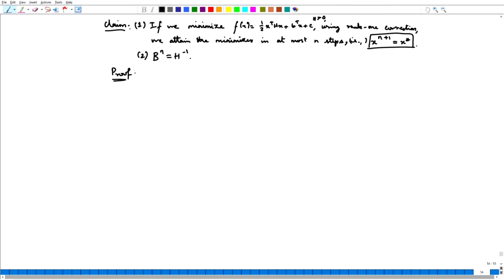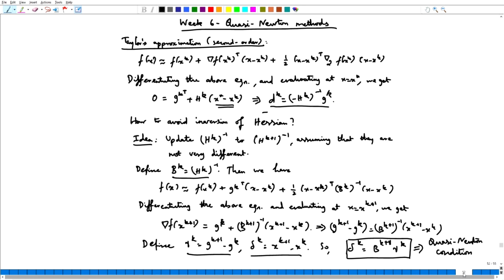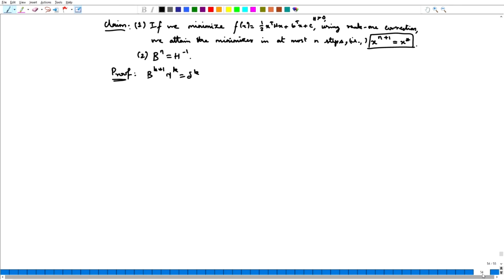We will prove it under some mild conditions. Recall the quasi Newton condition, which is Bk plus 1 gamma k equals delta k. This is the quasi Newton condition that is boxed here. What does this actually mean? This implies that B 1 gamma 0 is delta 0, B 2 gamma 1 is delta 1, B 3 gamma 2 is delta 2, dot dot dot, Bn gamma n minus 1 is delta n minus 1.